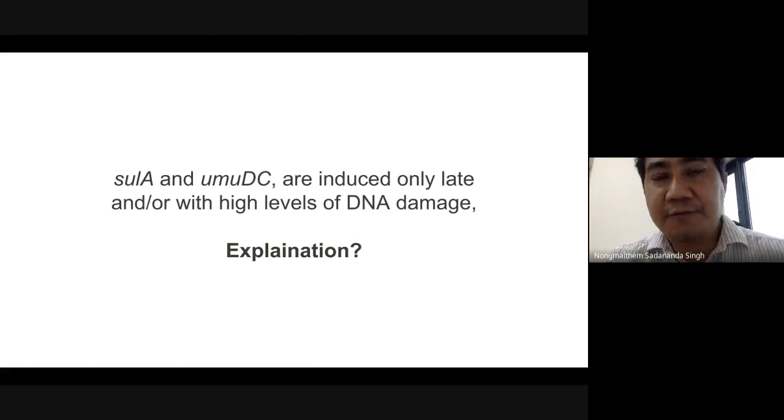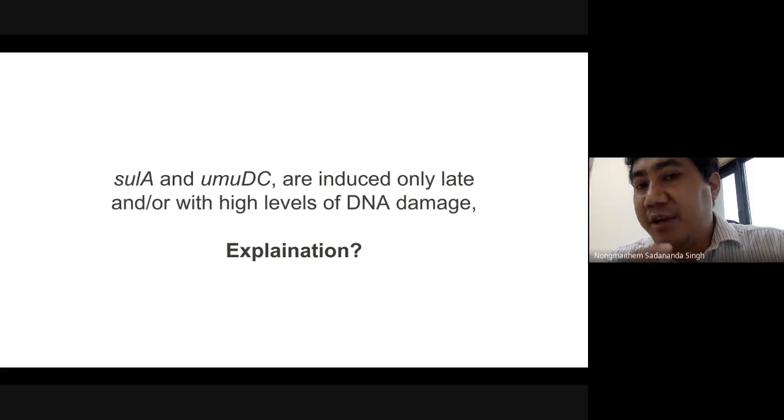So if you think about it, when there is a damage, there will be single-stranded DNA because of the stalling of the replication fork due to the damage, or enhanced level of DNA repair, something like homologous recombination or other recombination repairs, wherein there is exposure of single-stranded DNA.